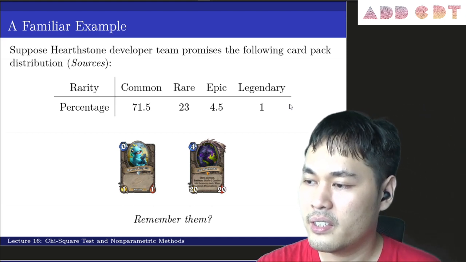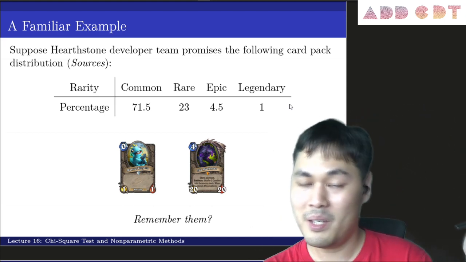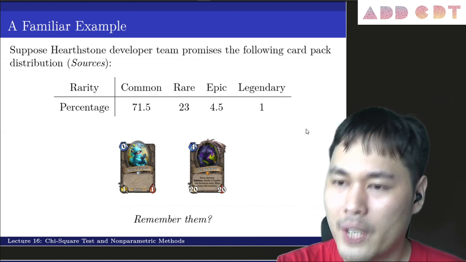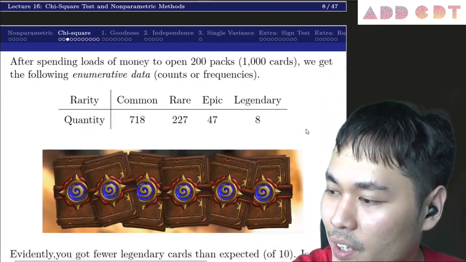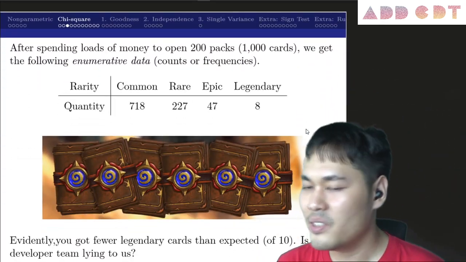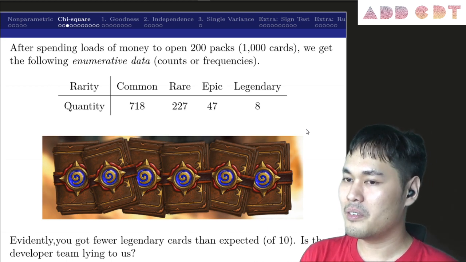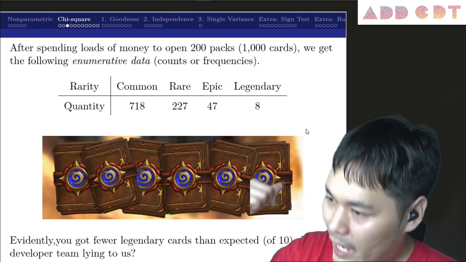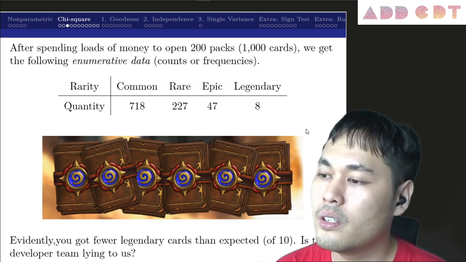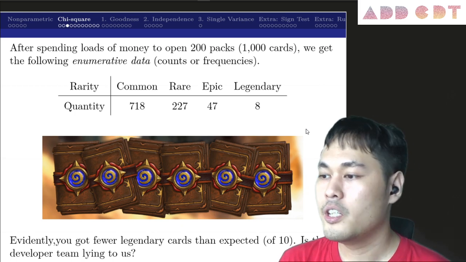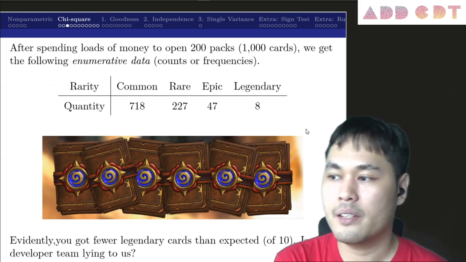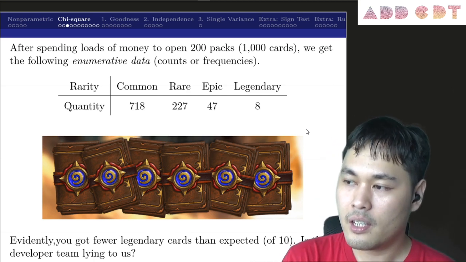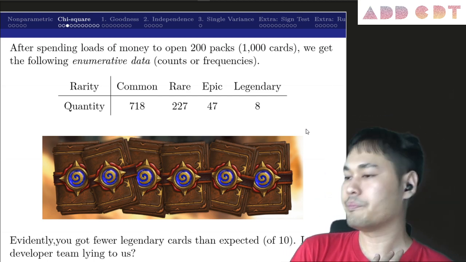So this is what they want you to believe. Maybe it's true, maybe it's not. But let's say this is the number that you are told. And then of course, let's say you have money, you go ahead and open lots of packs, 200 packs to be exact, and you get 1,000 cards. You get 718 common cards, 227 rare cards, 47 epic cards, and 8 legendary cards.